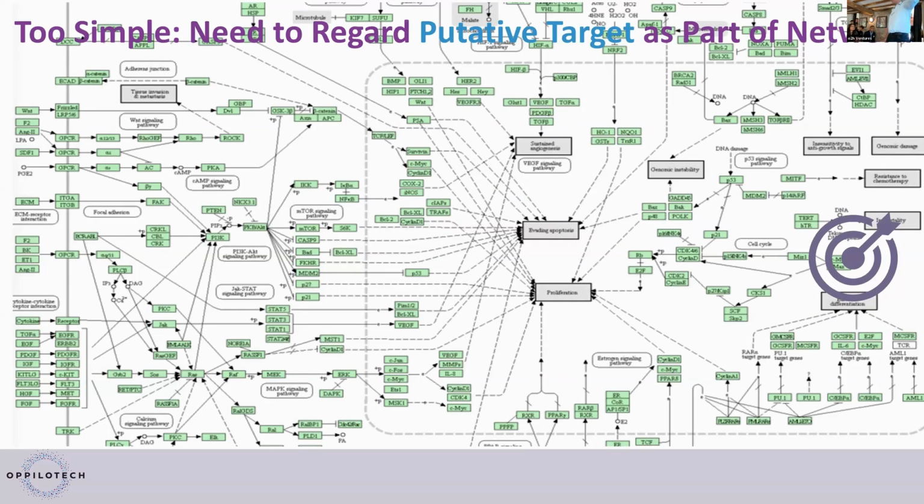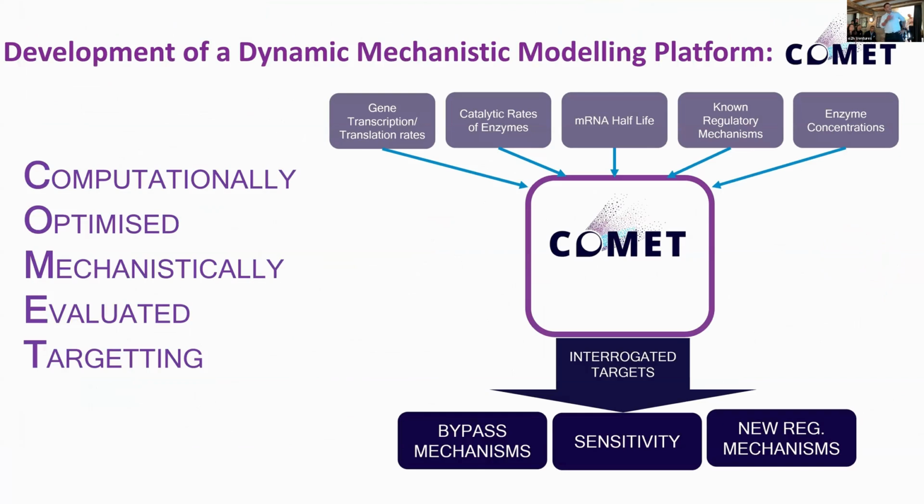You need to look at that in the context of the biochemical network that it's part of. What we do is carve out part of the network and build a detailed dynamic mechanistic model of that network. So we've got this mechanistic modeling platform. The input parameters that go into modeling that network include things like transcription and translation rates, degradation rates, half-lives, regulatory mechanisms, and enzyme concentration.